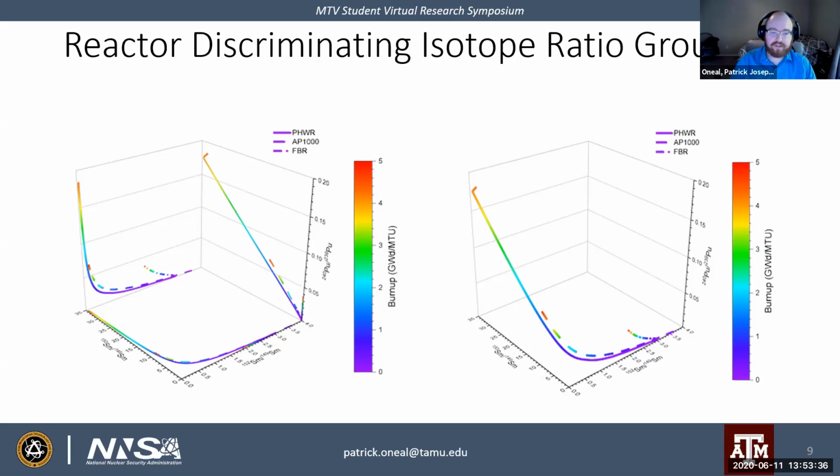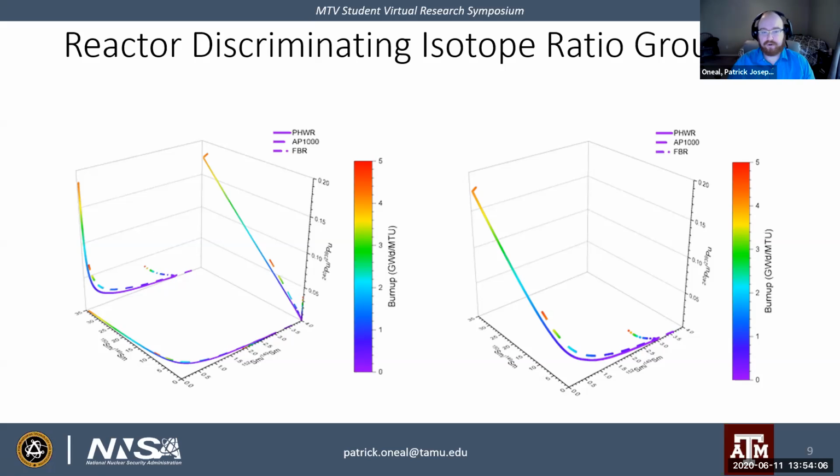And so this is a visualization in 3D space of how our two samarium isotope ratios and our Pu240 to Pu239 ratio interact. And as you can see on the right in the 3D space, there's separation between these curves, which is what we really wanted, because something that presents a problem is if you have an isotope ratio that can be from two different reactors.